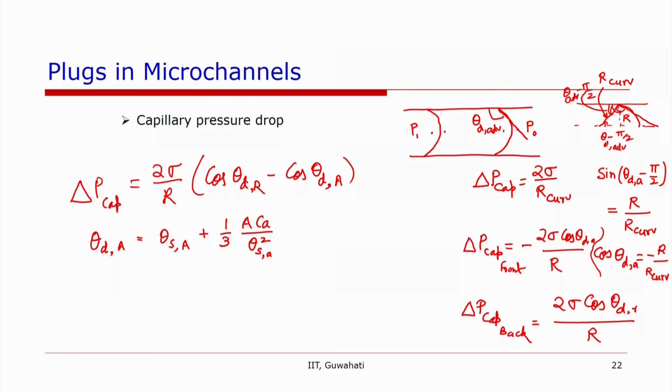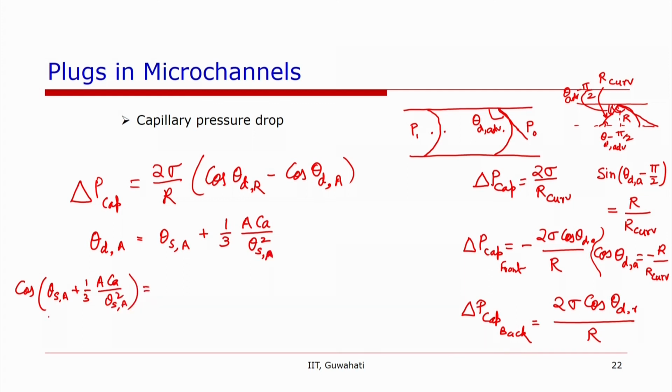Now if we take cos of this, then we will have cos of theta SA plus 1 by 3 a CA over theta SA squared.